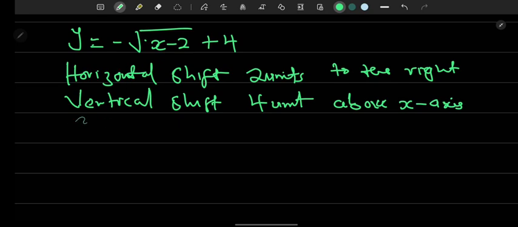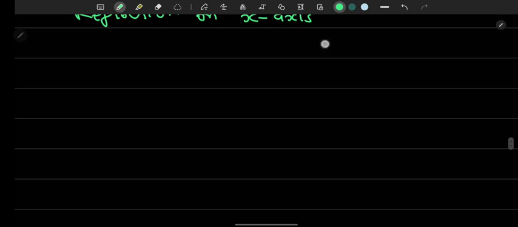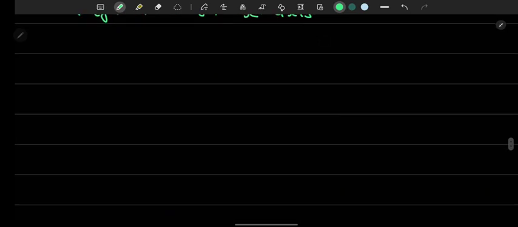Then we have a reflection, because this is a negative square root, and the reflection here is on the x-axis. So these are the 3 key points we need to identify before we proceed to sketch this given curve. All right, now let's locate those things on the graph.